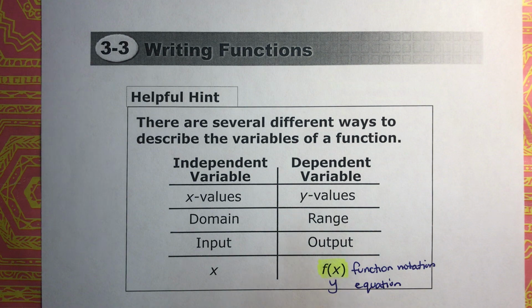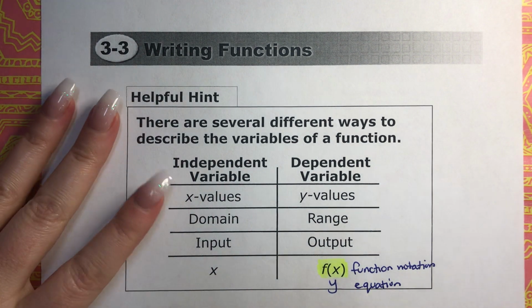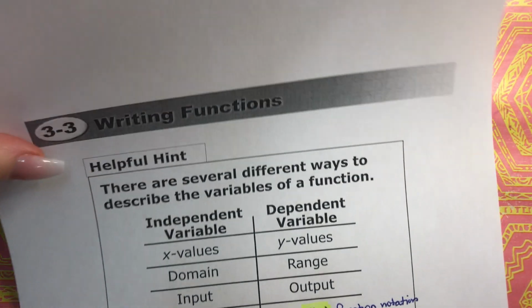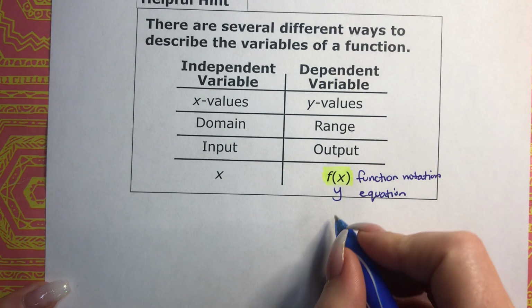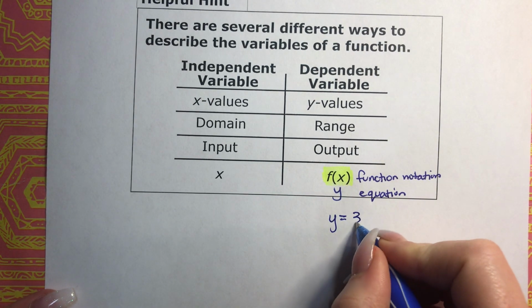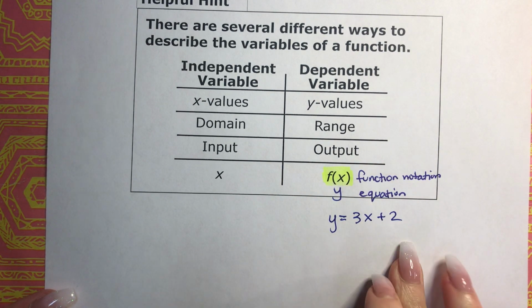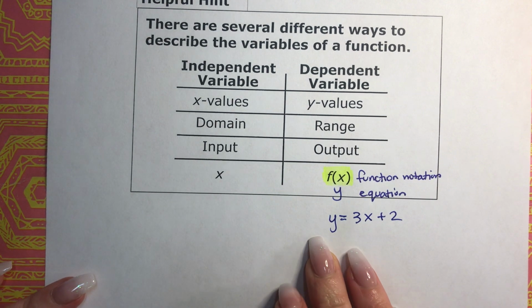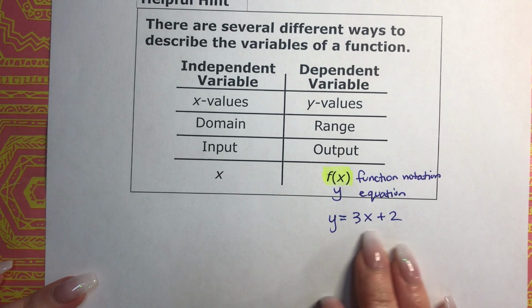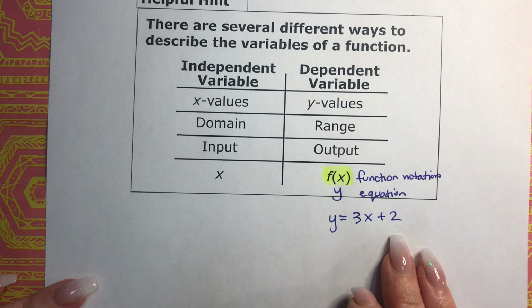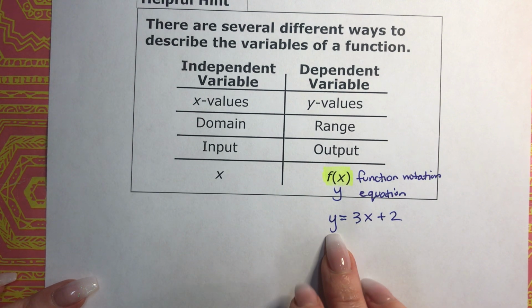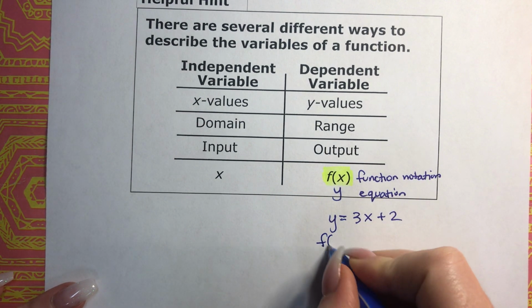So let me give you an example. If it said write this equation, I would write y equals 3x plus 2. That is an equation. Now if they said write this same equation as a function, the only thing I do is instead of writing this y, I write an f of x.